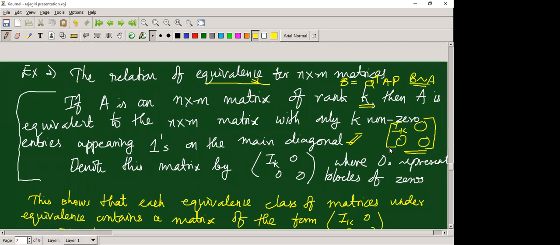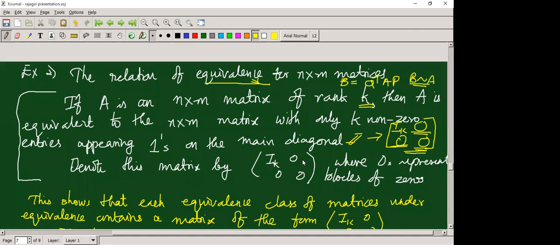So there we have an important result. If A is an n by m matrix of rank k, that matrix is actually equivalent to this simple matrix [I_k 0; 0 0], where these zeros are blocks of zero matrices.